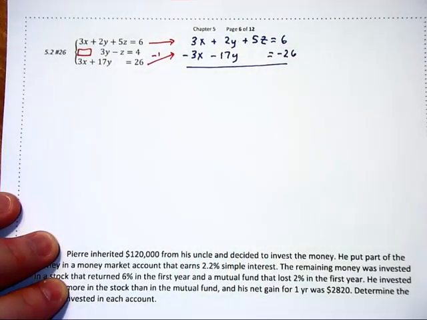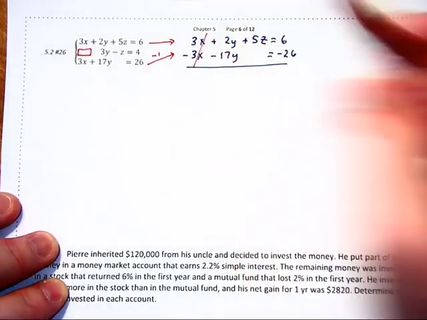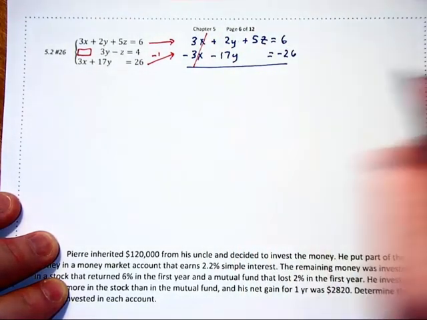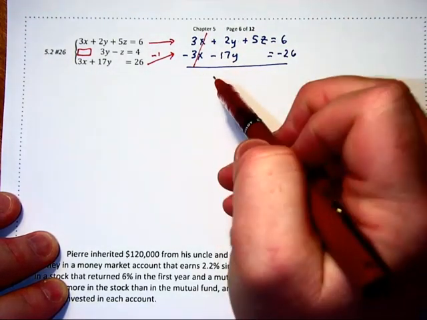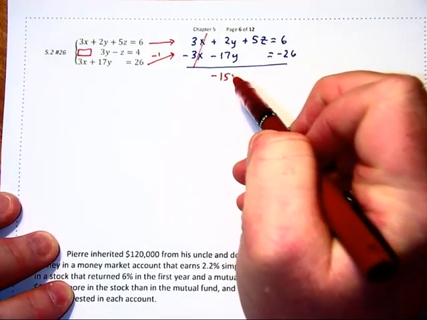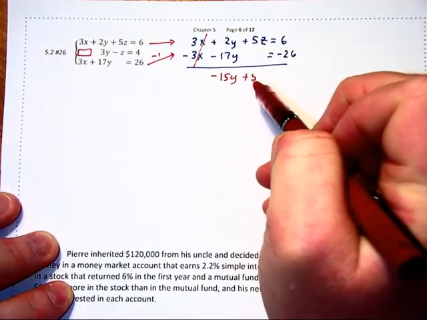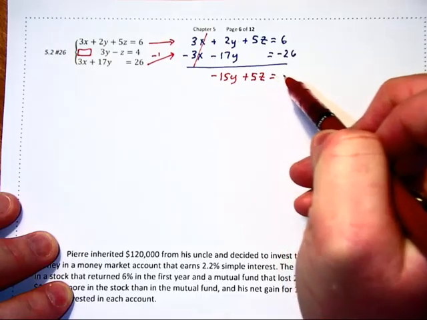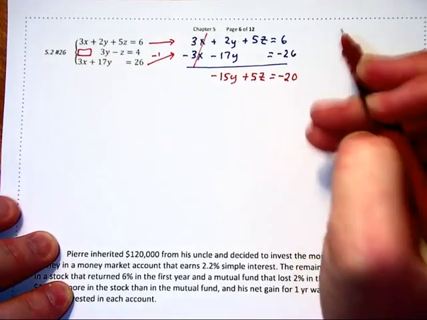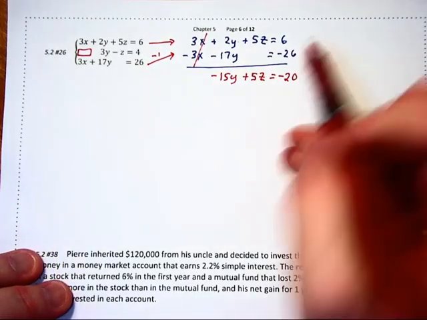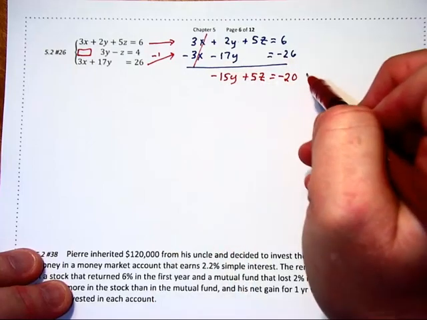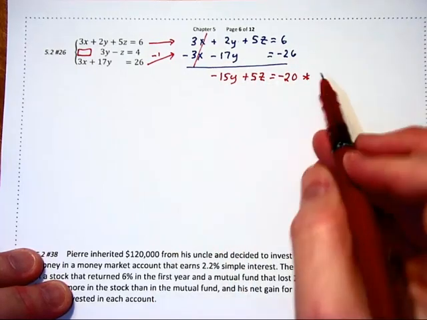And as we had planned, we eliminated those x's, and adding down, I'll do this in red, we have -15y plus 5z is equal to -20. Okay, we've got an equation, which I'll put there in red. I'll put a little asterisk next to it.